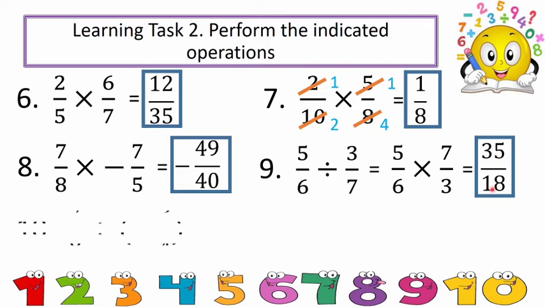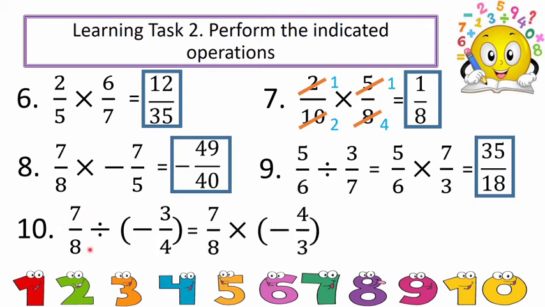So the quotient of 5 over 6 divided by 3 over 7 is equal to 35 over 18. Now for example number 10, we have 7 over 8 divided by negative 3 over 4. So we copy 7 over 8, then change the division symbol to multiplication and get the reciprocal of negative 3/4, so it will become negative 4/3. Again, remember, for multiplication, if it is different signs, the product is negative.